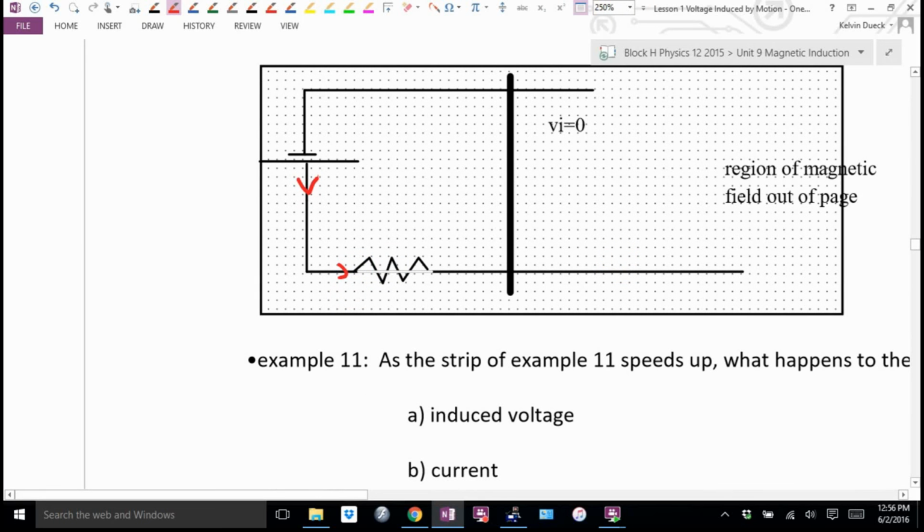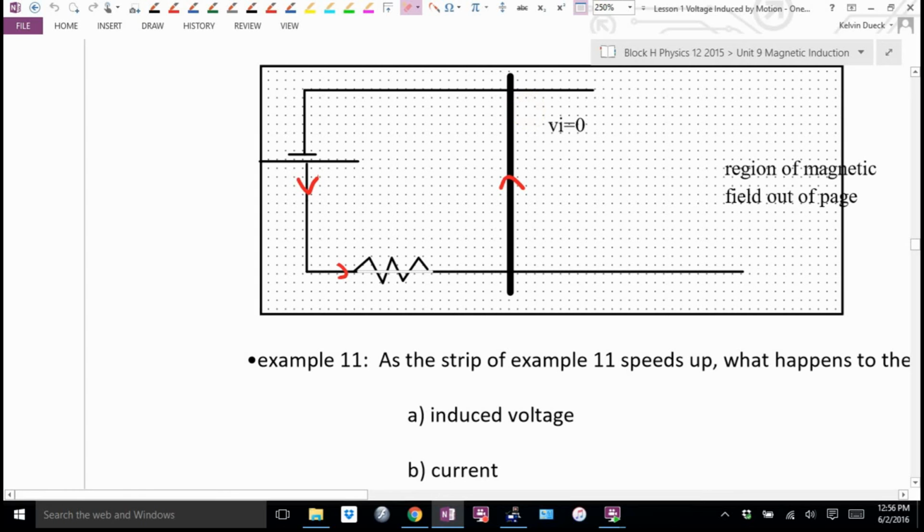Which way will the current be moving in the wire? It's meant to be really obvious. Yeah, up. So what's going to happen? As soon as we turn on this battery, charges are going to be moving up the wire.